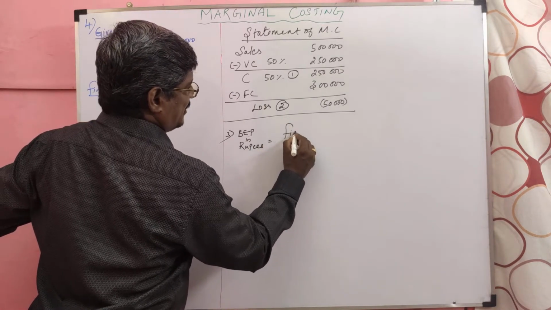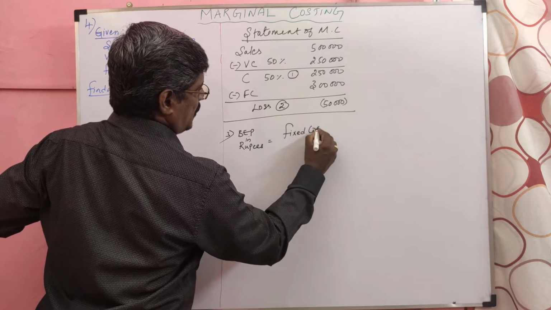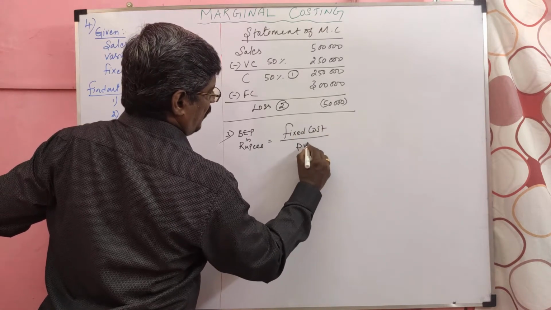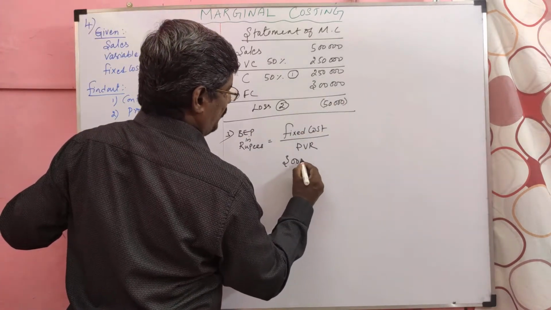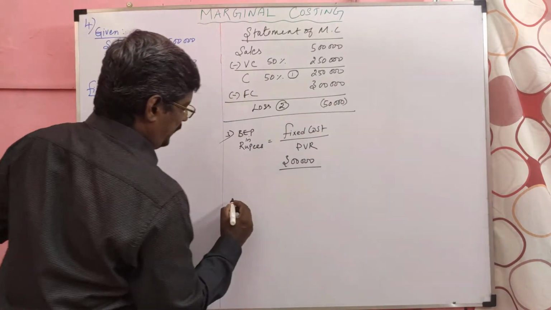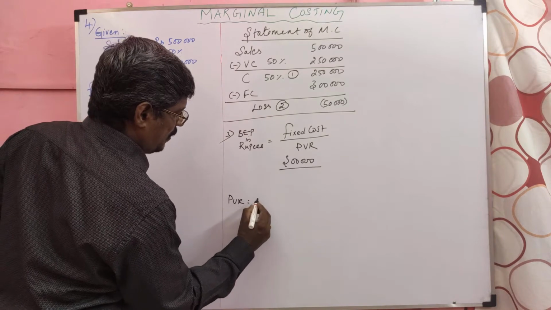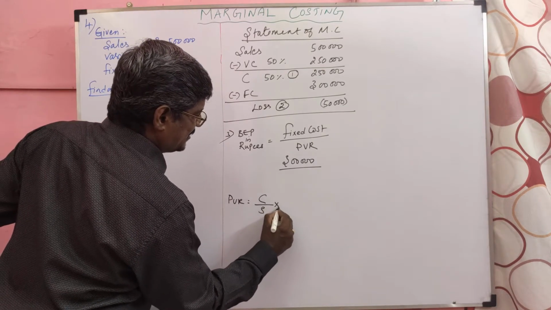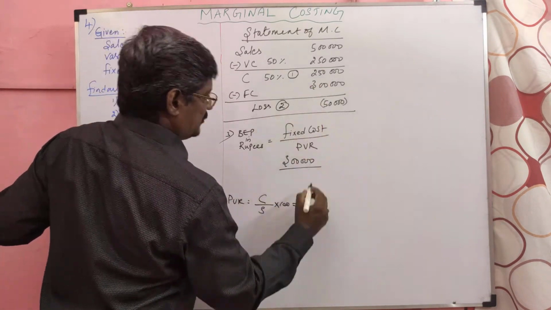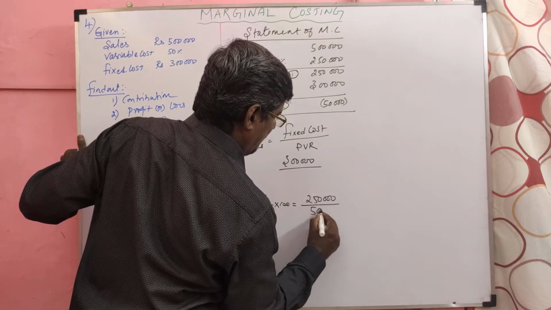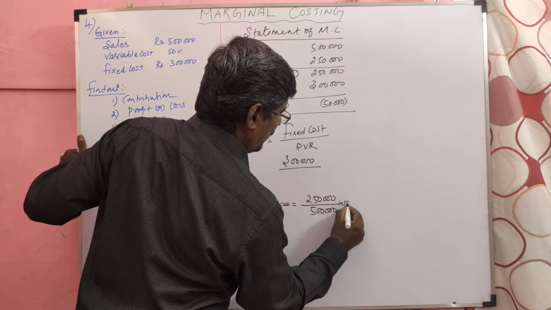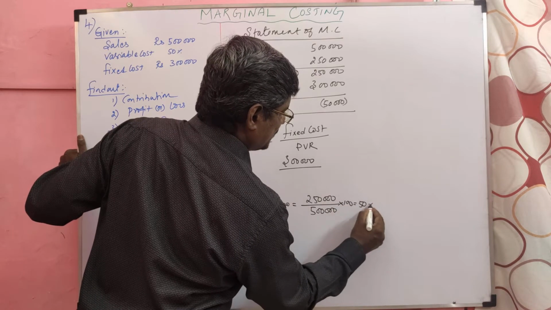What is the formula? I said fixed cost divided by profit volume ratio. Fixed cost we already know, 3 lakh rupees. Profit volume ratio is contribution divided by sales into 100. Contribution is 2 lakh 50 thousand, sales 5 lakh, into 100 equals 50%.